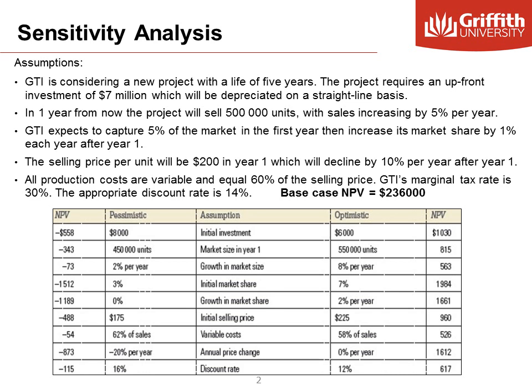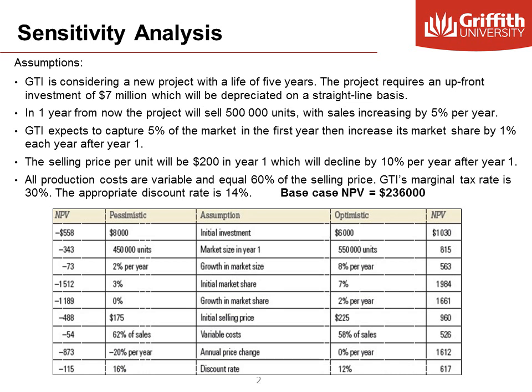This is an example of sensitivity analysis. We have this company considering a new project that costs $7 million initially. When it's up and running, the project will sell 500,000 units, with sales increasing by 5% per year. The company expects to capture 5% of the market in the first year and then increase its market share by 1% after.